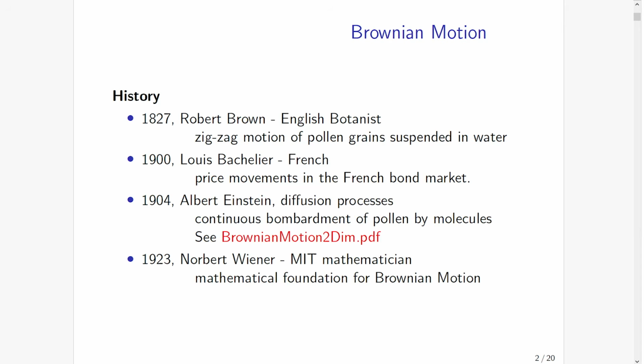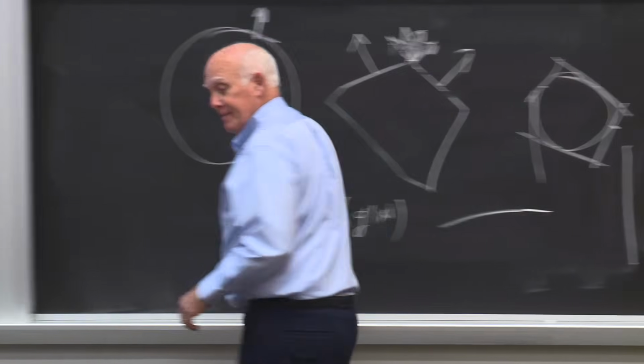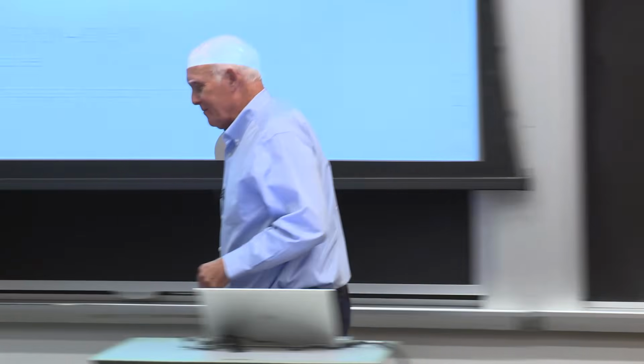So let's look at how we define Brownian motion in 1 dimension. In 1 dimension, we are simply looking at a graph.